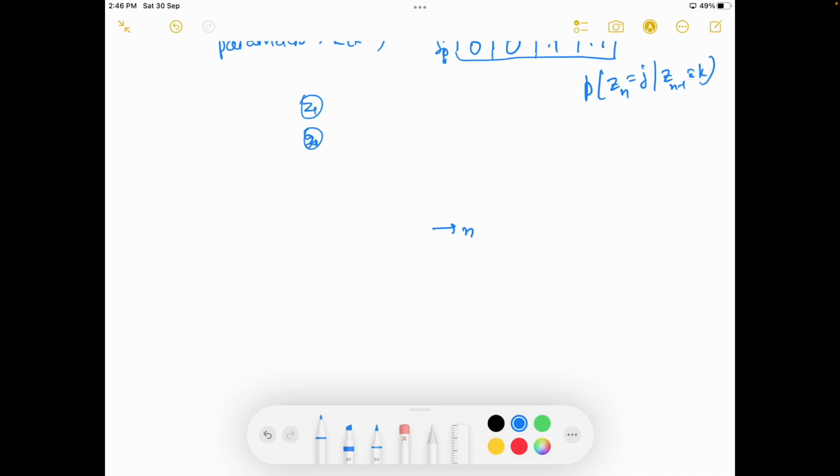I'll just write 1, 2, 3, 4 just to make it more legible. This is n equal to 1, 2, 3, and so on and so forth. And this is z.